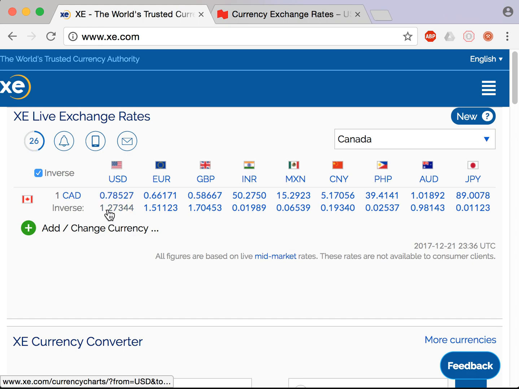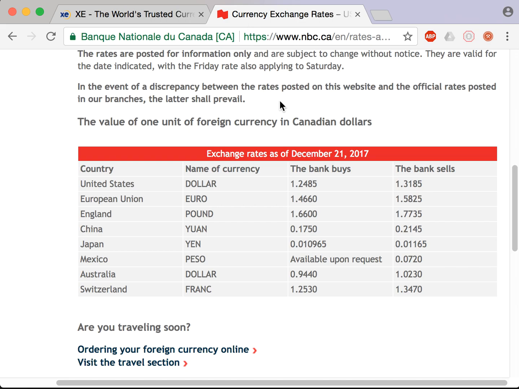If you look at it in the morning, you'll see it's different in the evening. So if they're buying US dollars and giving you that rate in terms of Canadian, and then when they go to sell it, the US dollar loses value, they're going to lose money. But by creating some level of spread here, they're able to make money.